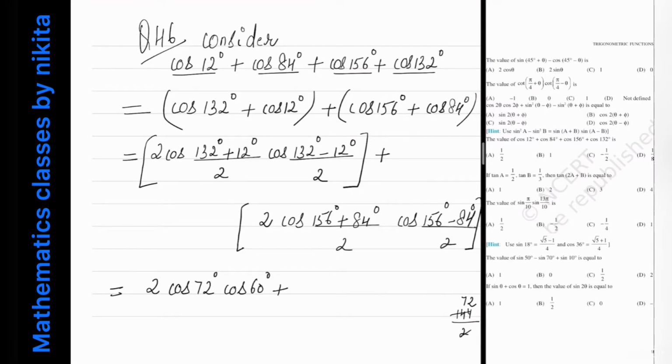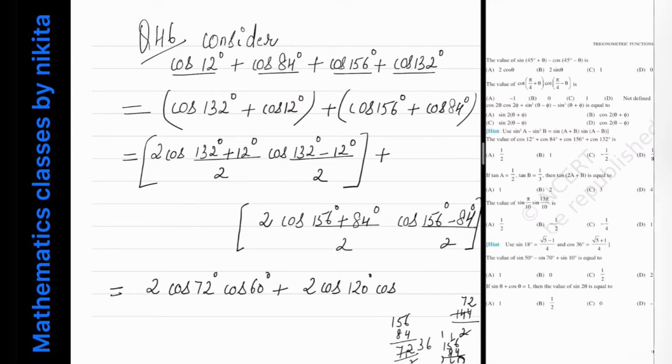then plus 2 cos of, now 156 plus 84 is you will get 240, and 240 divided by 2 is 120. So cos of 120 degrees into cos of 156 minus 84 is, you will get 72, and 72 divided by 2 is 36.